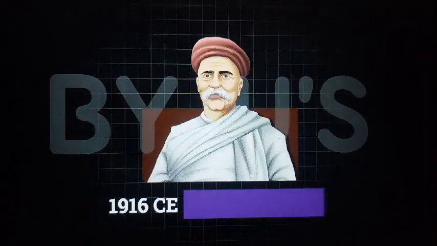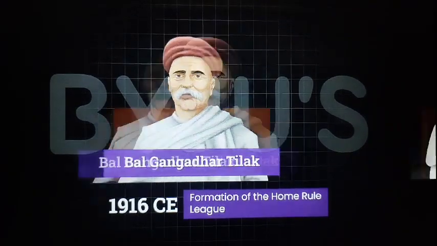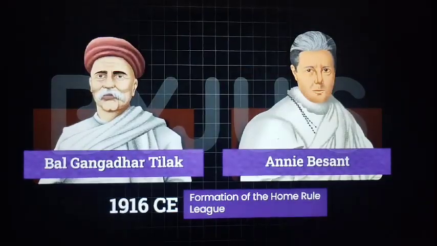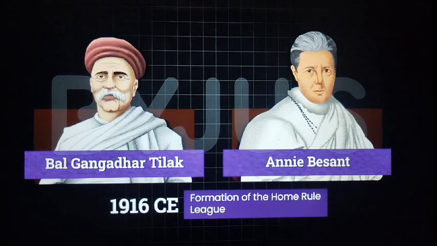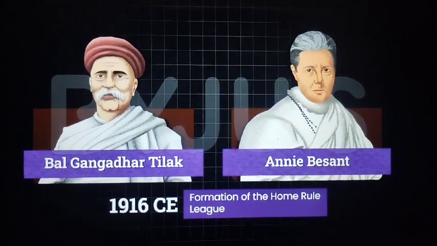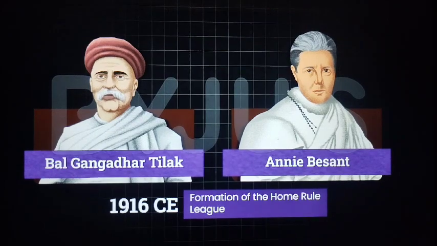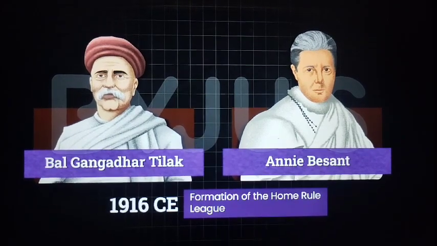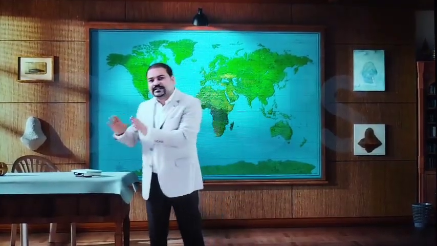Back in India, nationalists such as Bal Gangadhar Tilak and Annie Besant launched the Home Rule League of their own to demand self-government within the British Commonwealth and educate everyone on policies through newspapers, public meetings, and other such means. But gradually, this faded in 1919 due to lack of proper organization, communal riots, the arrest of Annie Besant, and many other reasons.